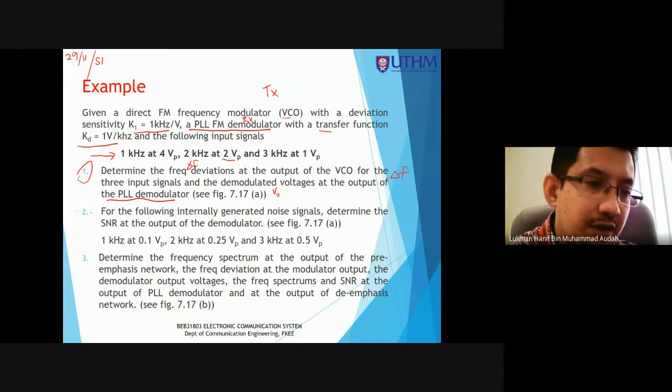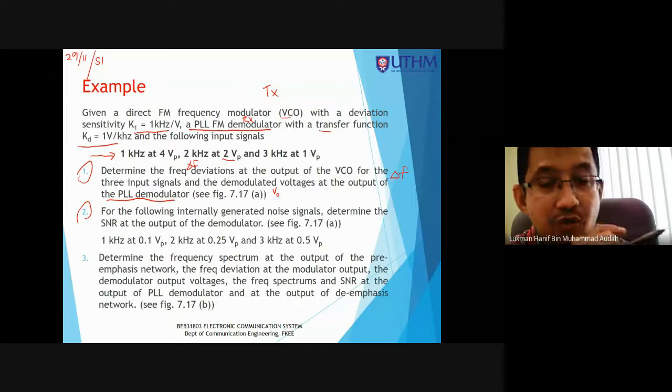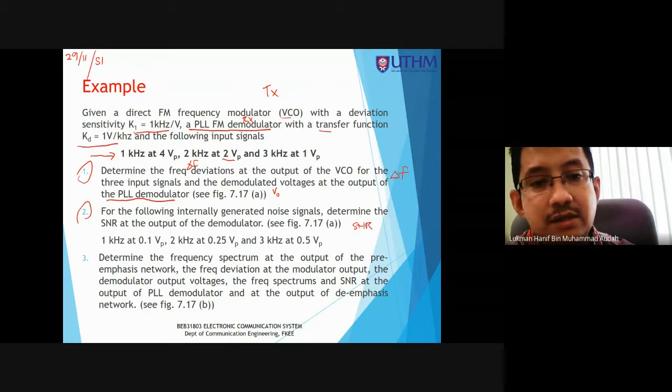Kemudian soalan yang kedua, for the following internally generated noise signals, determine the SNR at the output of the demodulator. So tentukan nilai SNR pada keluaran PLL, phase lock loop.